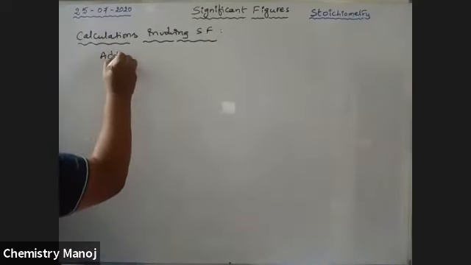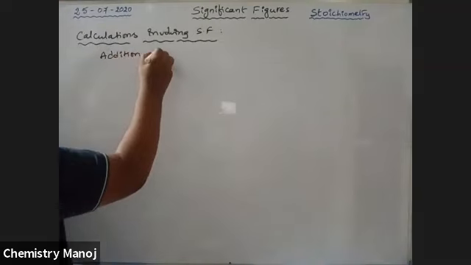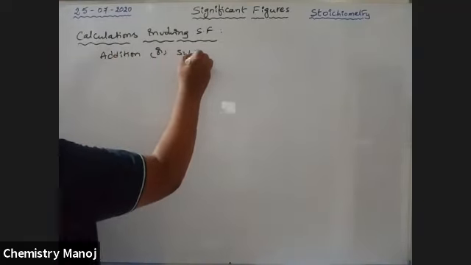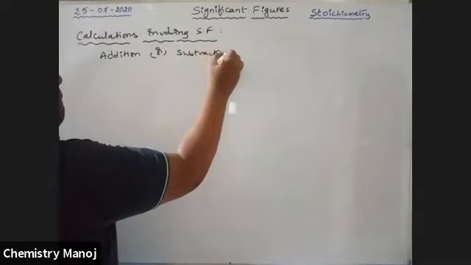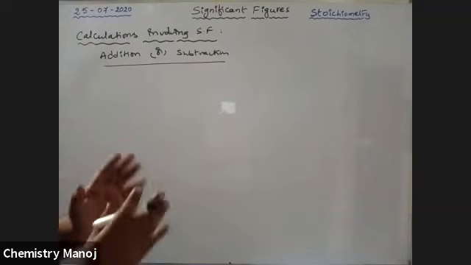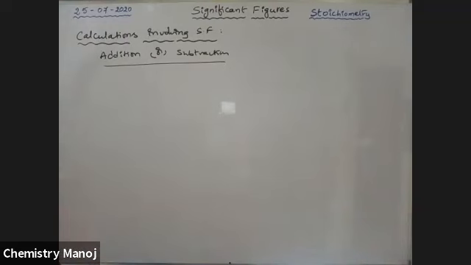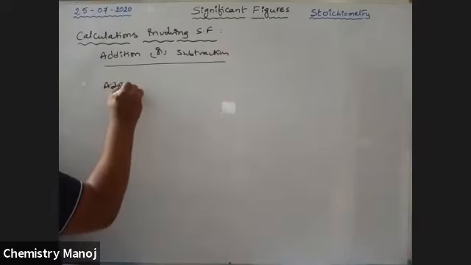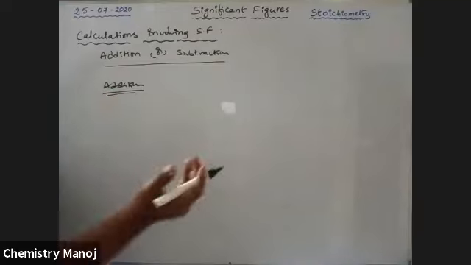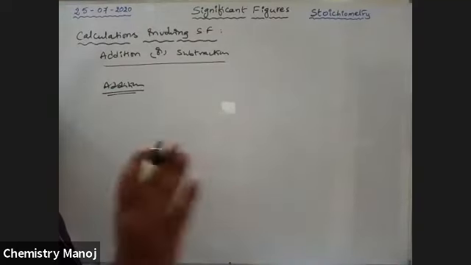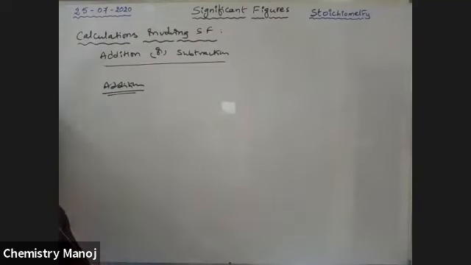During addition or subtraction, how are significant figures used? See here, I'm going to add, because while doing calculations, the correct value with respect to significant figures is the answer.